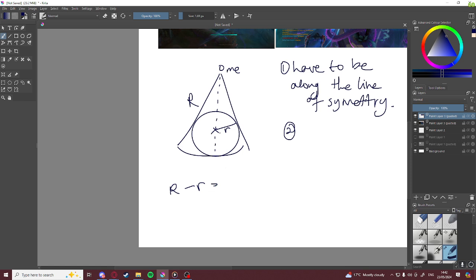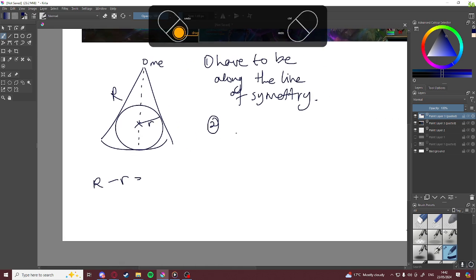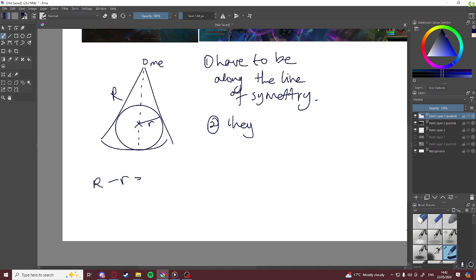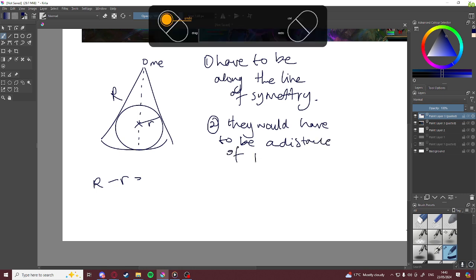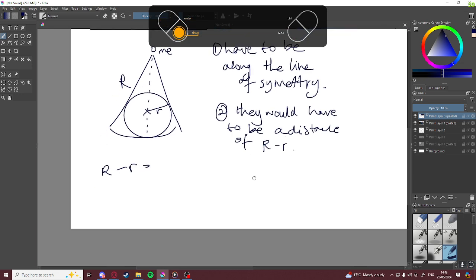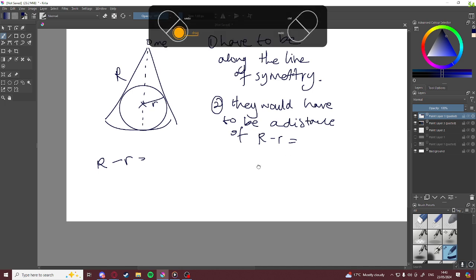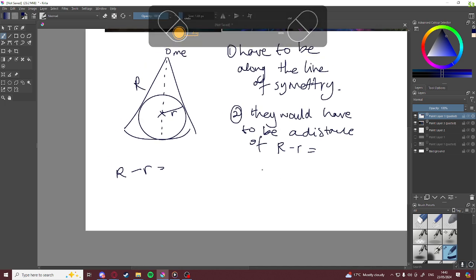And that would be the distance that they'd have to be. So they would have to be a distance of R minus r, which is equal to, well, let's find that out right now.